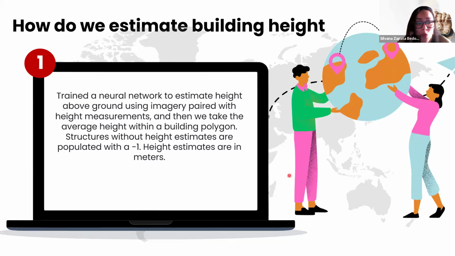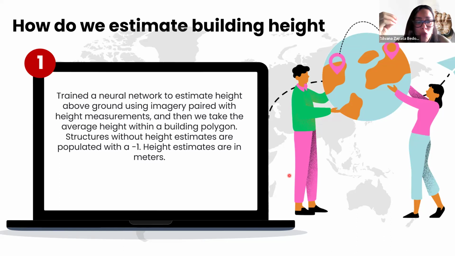The size of the buildings has height estimates from training neural networks. They estimated height using satellite images combined with height measures, and took the average height weighting in the building polygon.